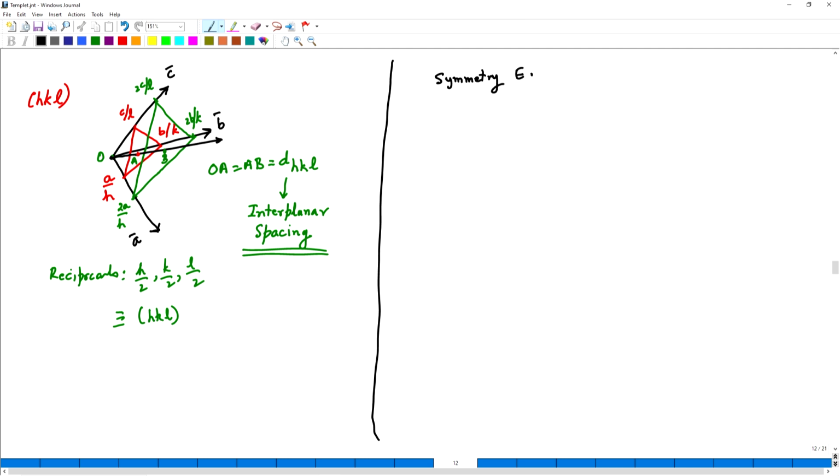One final comment on the planes is, just like we had symmetry equivalent directions, we also have symmetry equivalent planes. To understand this, let us consider the cubic system.